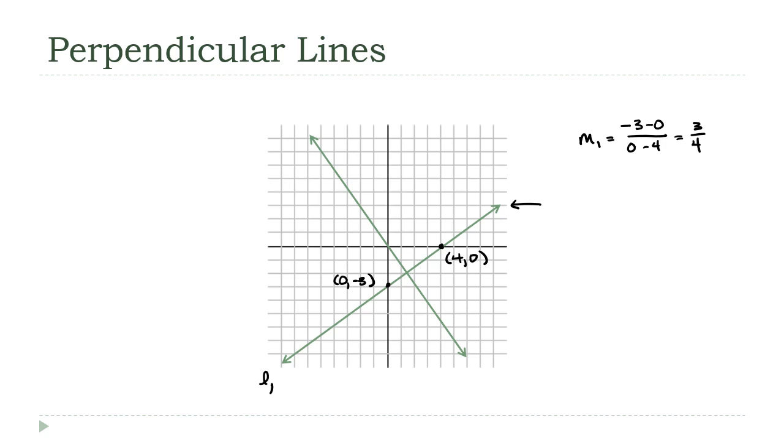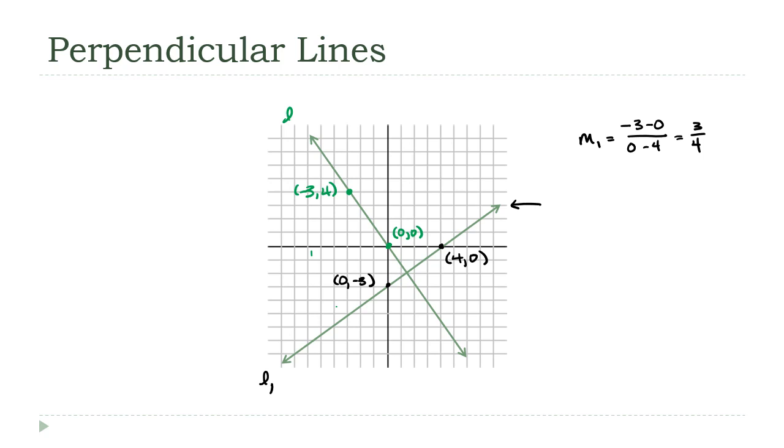Now, let's take a look at the other line and see what's going on there. So I want to do kind of the same thing here, right? I'm looking for what are called lattice points, points that look like they're going through a pair of grid lines. So the point down here is (0, 0), and the point over here is (-3, 4).